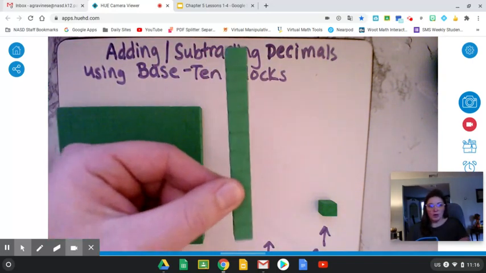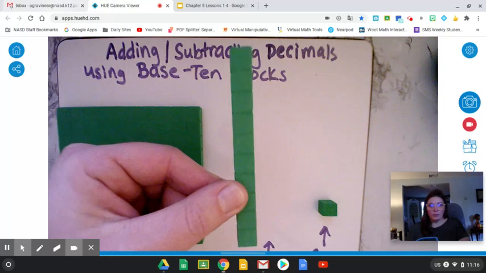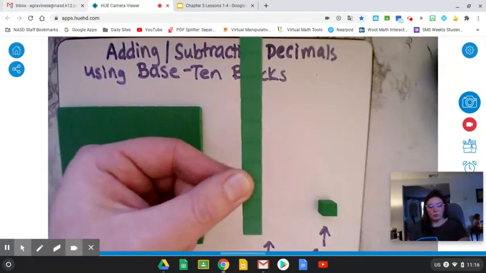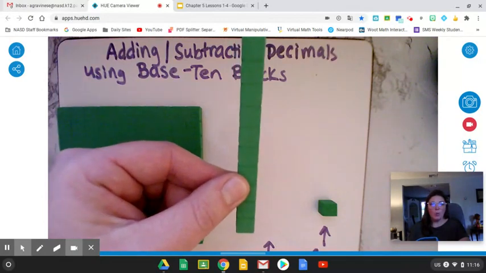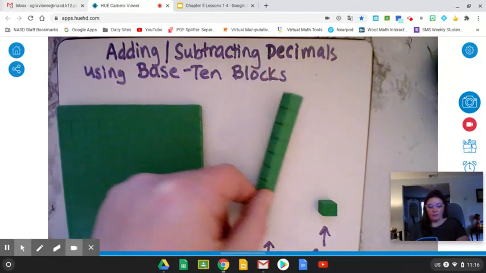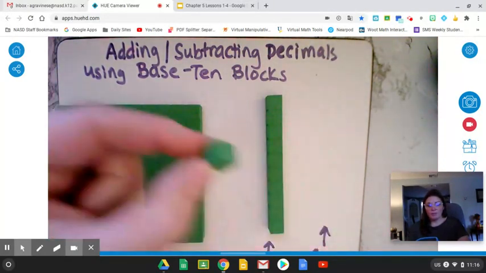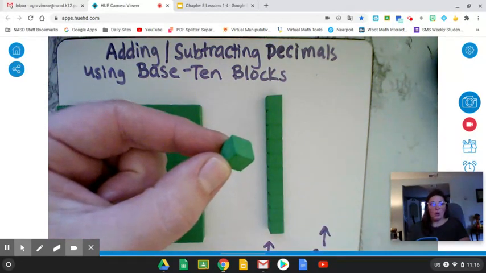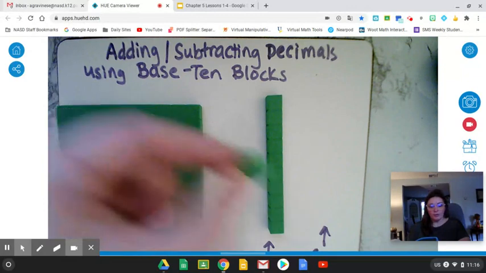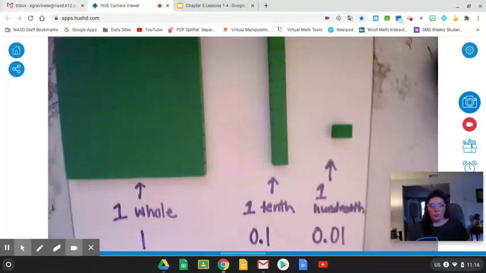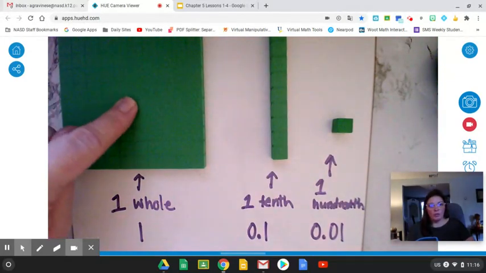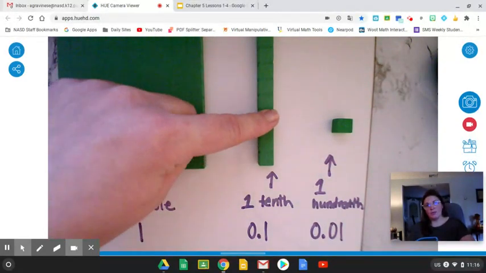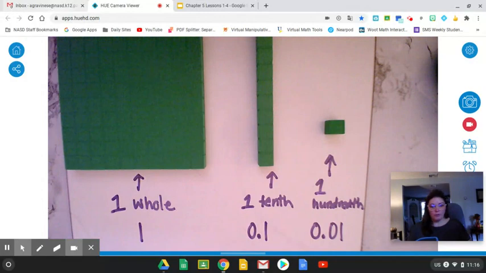The tens rod that I'm holding in my hand, there's 10 equal sized squares or cubes, will represent 1/10. And then the small cube is going to represent 1/100th. So just to review, we have representing one whole, 1/10, and 1/100th.